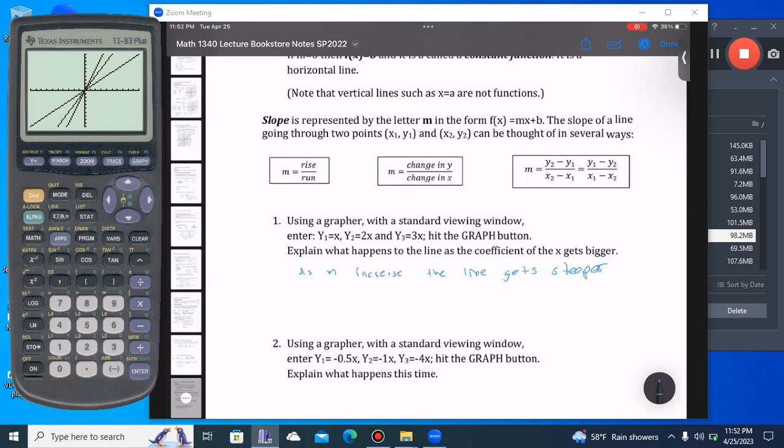Okay. So now let's look at negative 0.5x. We'll look at negative 1x. And we'll look at negative 4x.